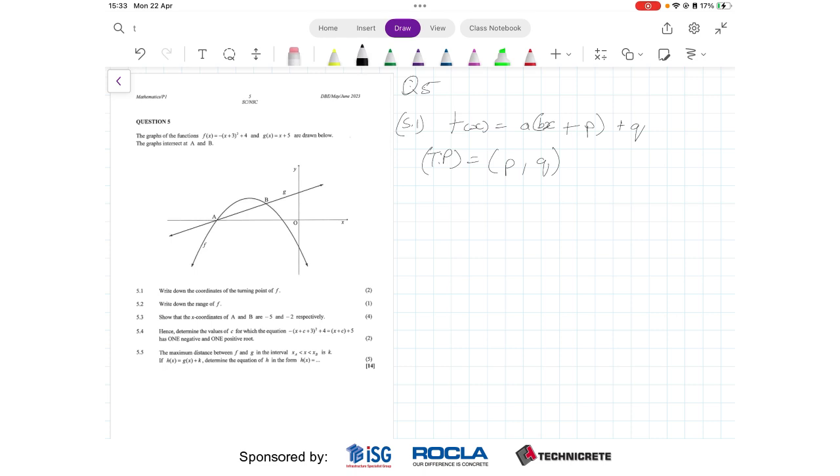However, as you can see, our turning point lies on the negative x-axis, which tells us that our turning point will be (-3; 4).